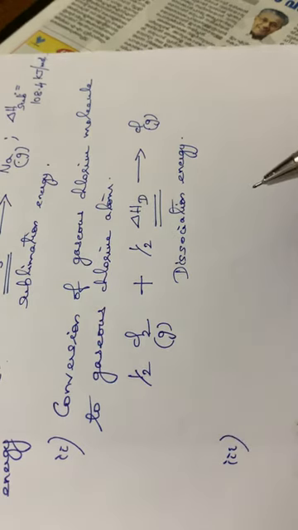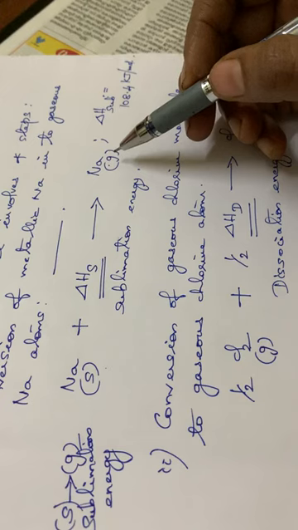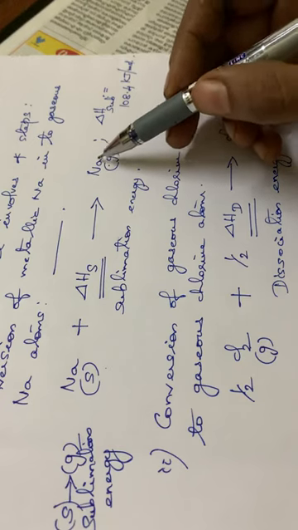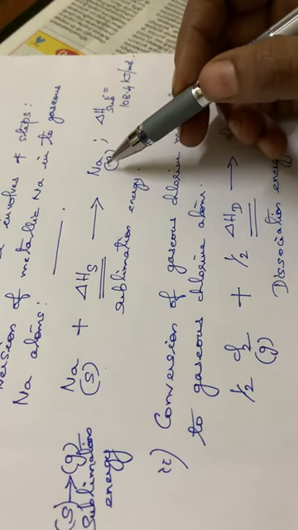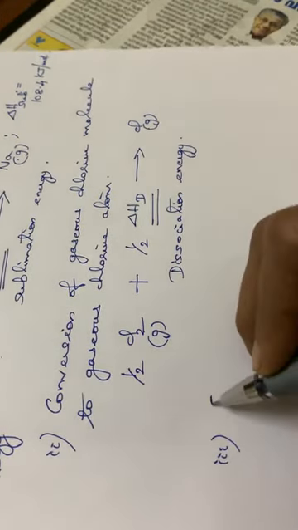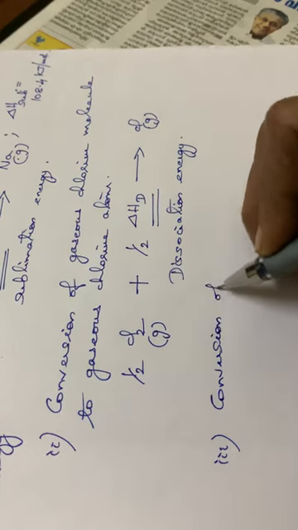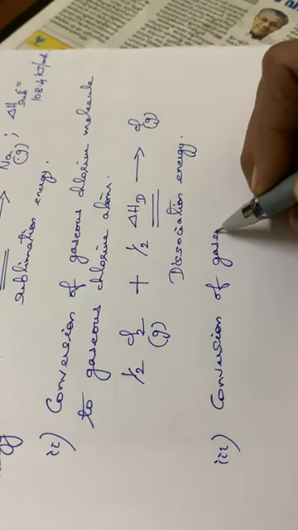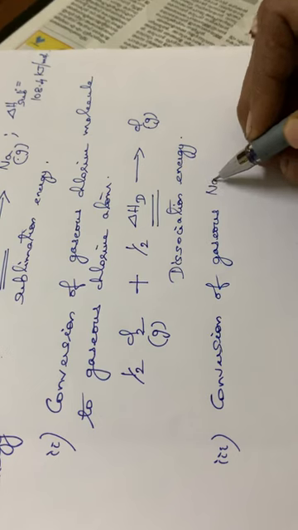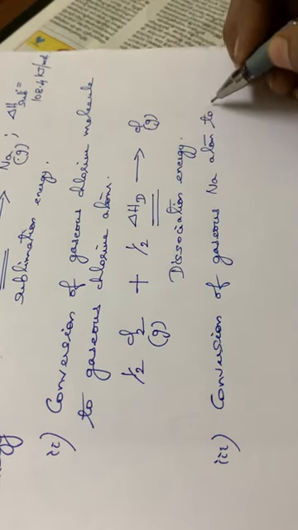In the first step we had seen the sodium converted to gaseous form, isn't it? Then you have to convert this gaseous sodium atom into sodium ions. So in the third step, conversion of gaseous sodium atom to sodium ions.